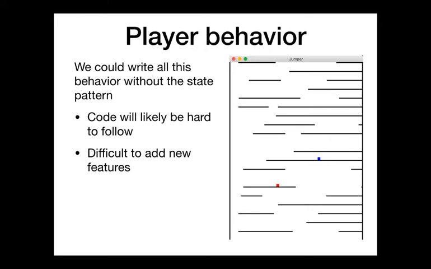And yeah, we could do this without states. We could accomplish this unless you're using something that accomplishes the same thing as the state pattern. The code's likely to get messy. It's likely to be hard to maintain, hard to add new features if we don't have some sort of organization. And this week, of course, I'm pitching the state pattern as that solution to organize this code.